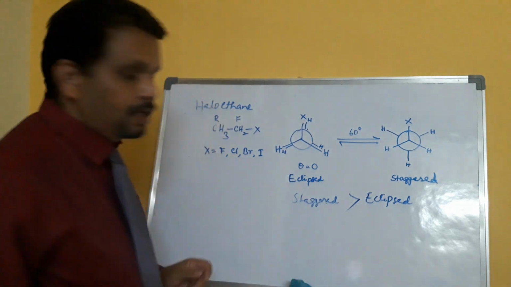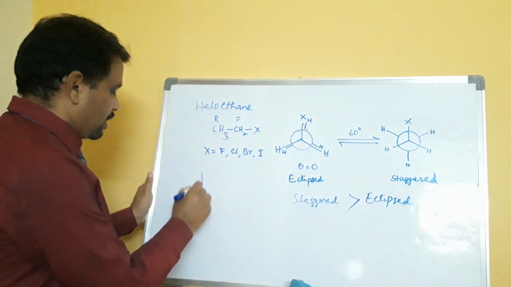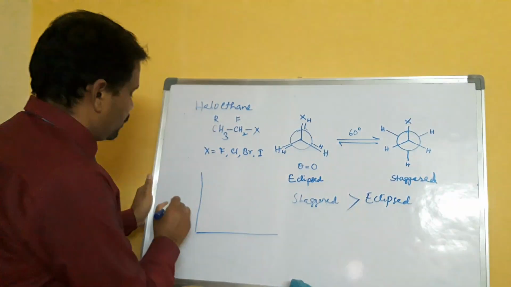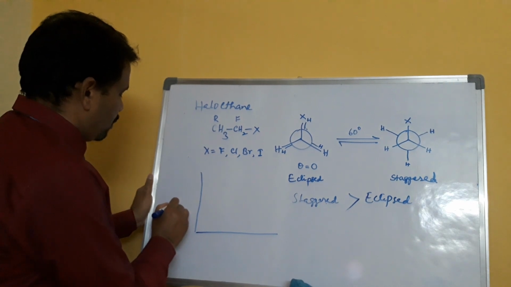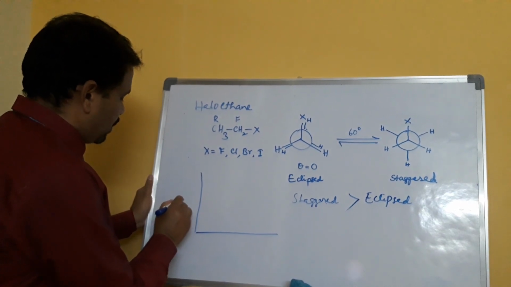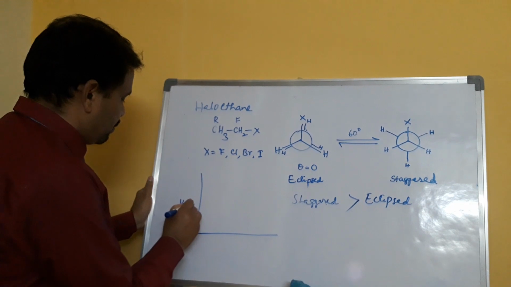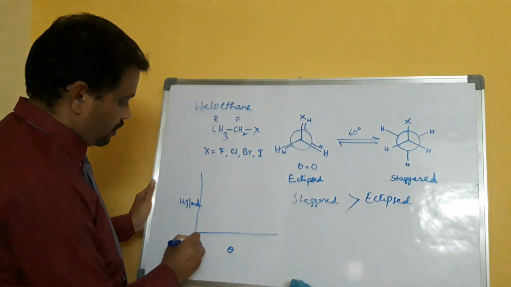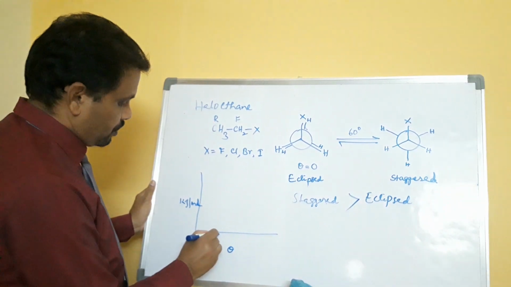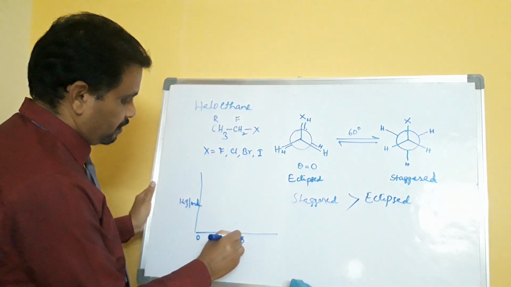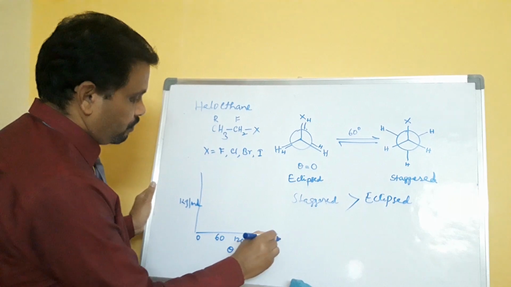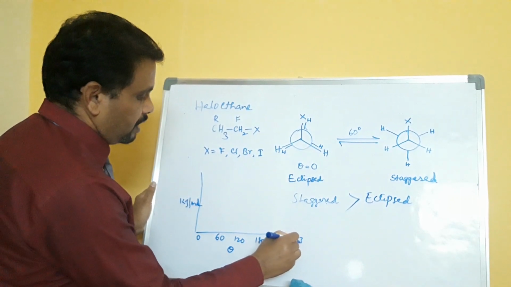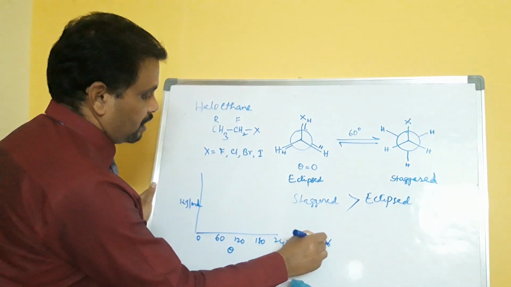If you want to, you can write the potential energy diagram for this. So this is the potential energy, measured in kilojoules per mole. And this is the dihedral angle: 0, then 60, 120, 180, 240, 300 and 360, like this.